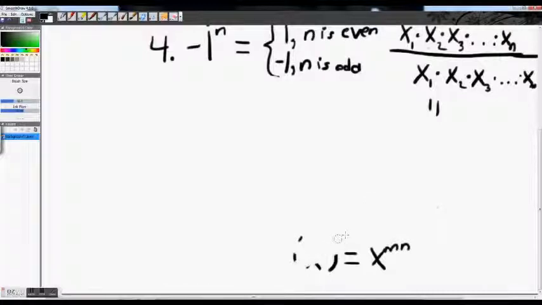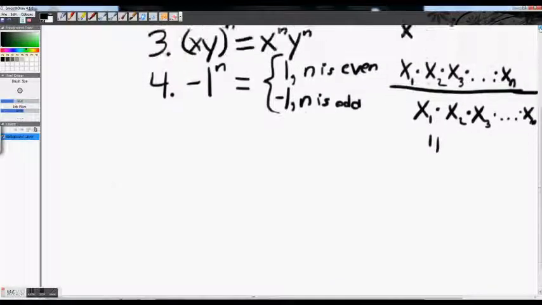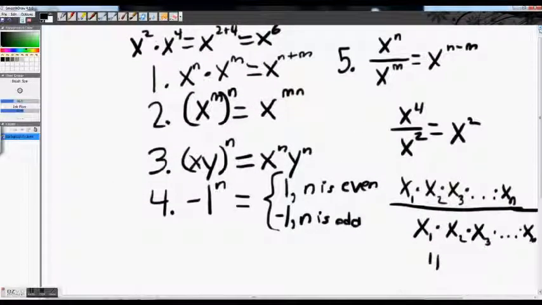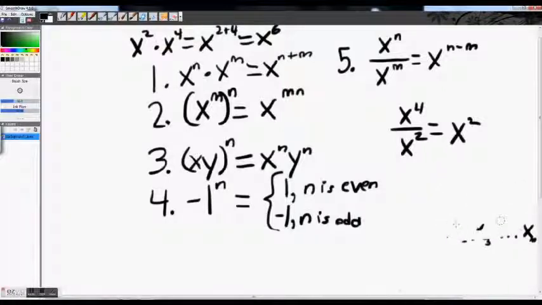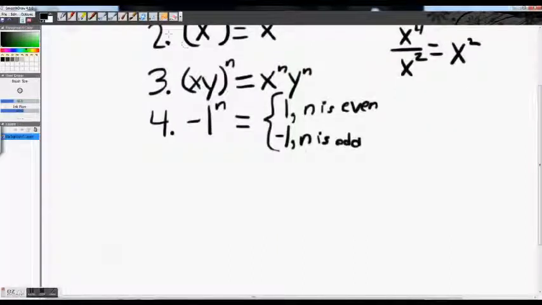Now, I believe all that's left is 3, where we have xy to the power n is equal to x to the nth, y to the nth. Well, we're going to take xy and raise it to the nth power.